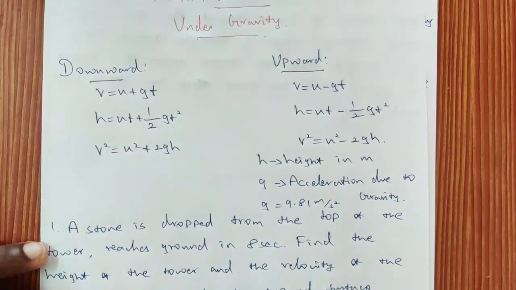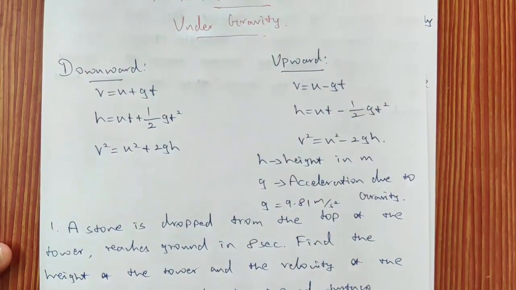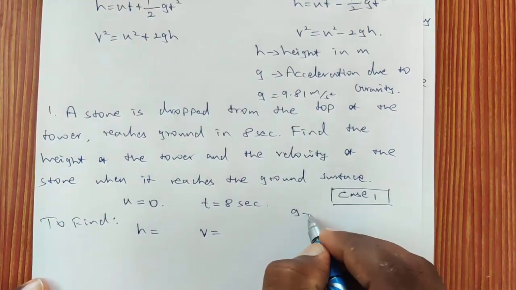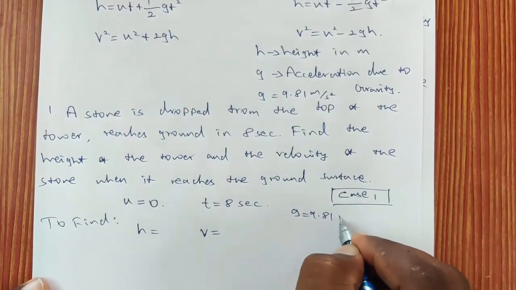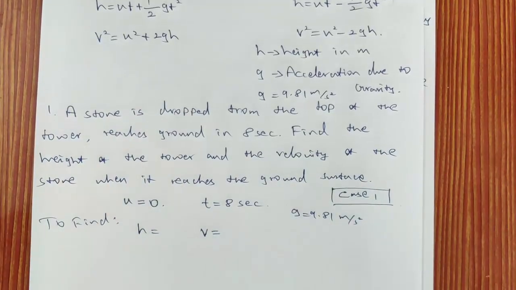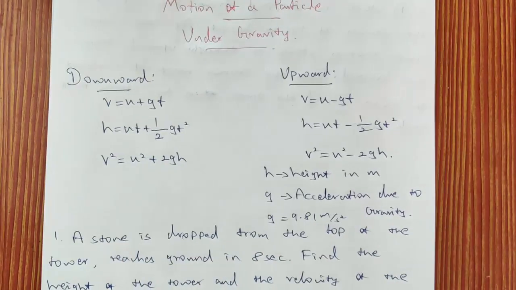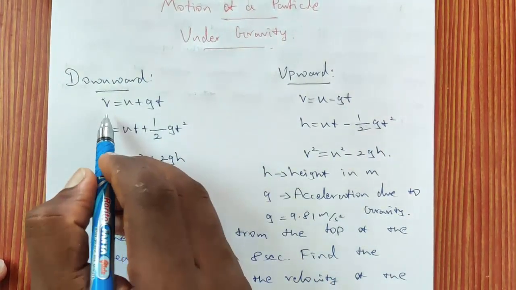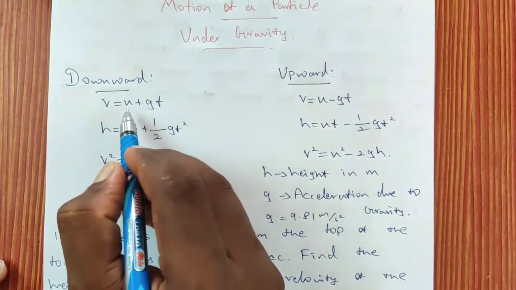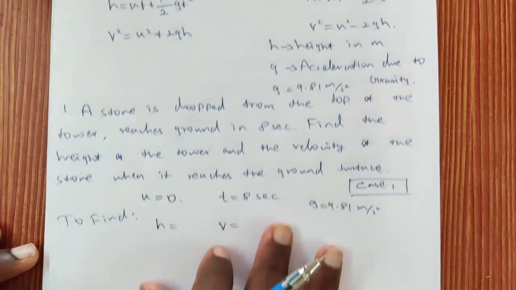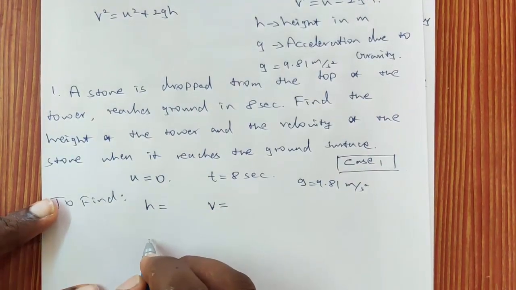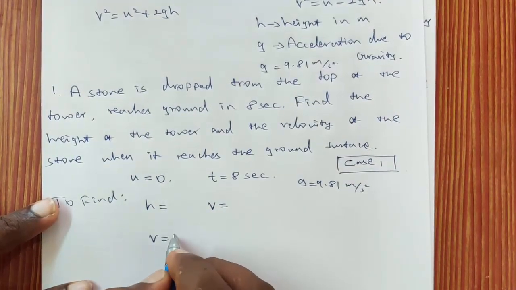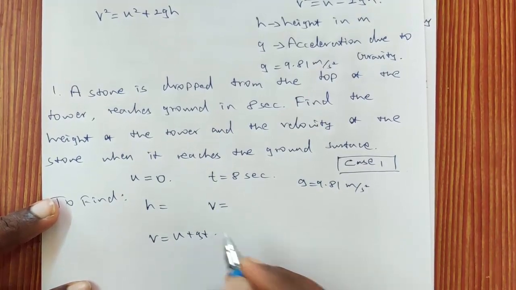So go to the equations. We have u, t, and we know that the gravitational acceleration g is 9.81 meter per second square. If you take the first equation, we have u, g and t, and the only unknown value is v. So we can use the first equation, that is v is equal to u plus gt.